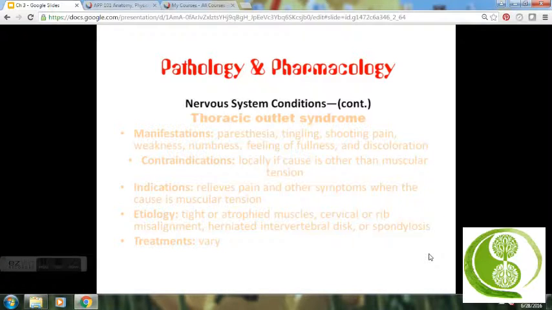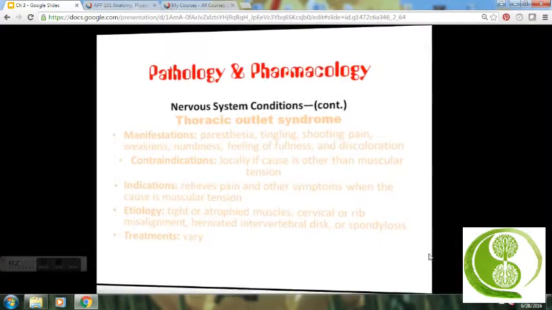And if that is the case, then again, it's just like with sciatica. We can't really do anything as far as the bones. But if it is muscle tension causing the thoracic outlet syndrome symptoms, then we can help with that. The cause: tight or atrophied muscles, cervical or rib misalignment, a herniated intervertebral disc, or spondylosis. And treatments typically vary.